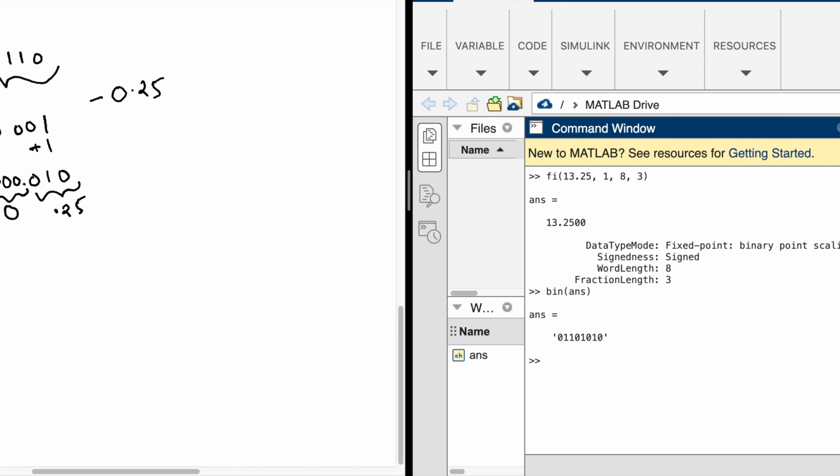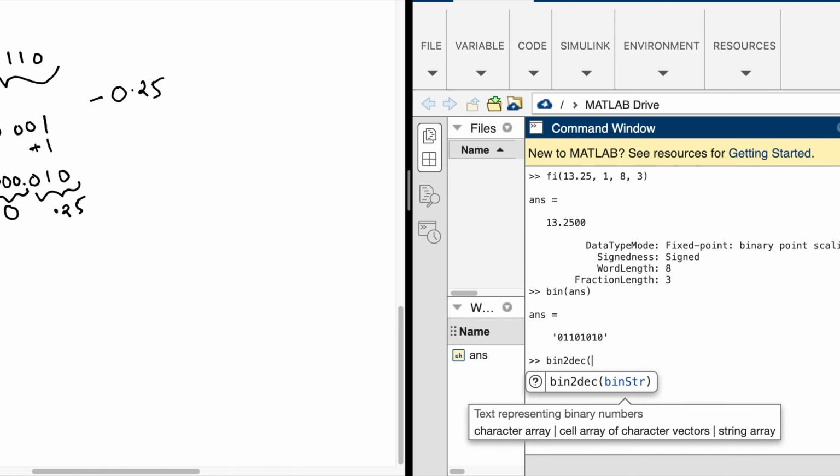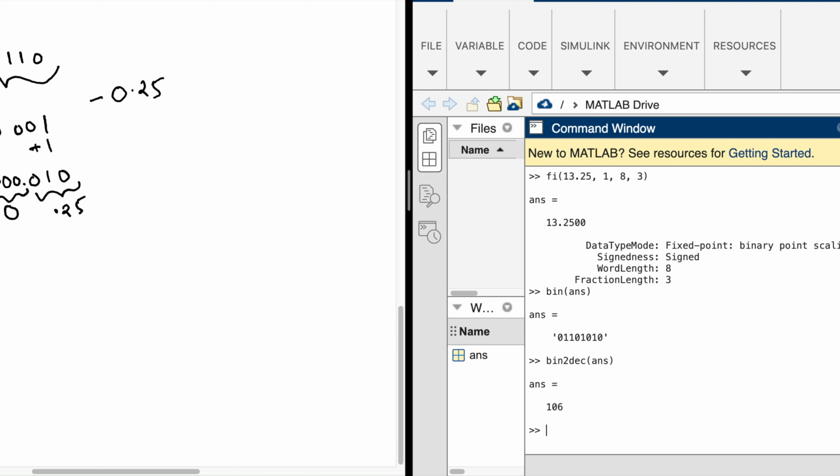Now there is one thing to note here. When we store these numbers in hardware, we store them as integers. So let's get an integer value of this. This is 106. So for 13.25, we have the fixed point representation in binary format, and the integer value of this is 106.